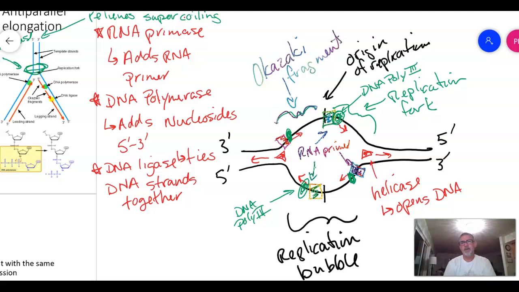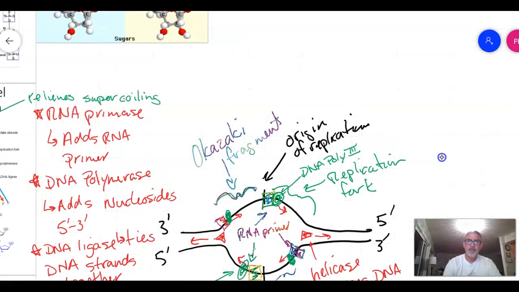This would be another one over here. The short fragment that's made between the fork and the ORI is called an Okazaki fragment. So the Okazaki fragment will be made, and when that DNA polymerase hits the primer, it'll fall off.